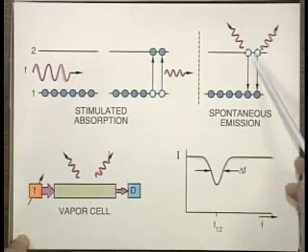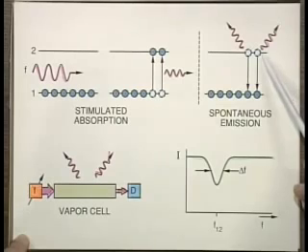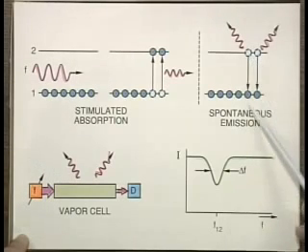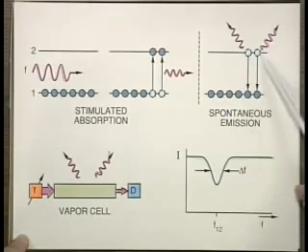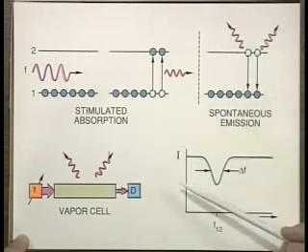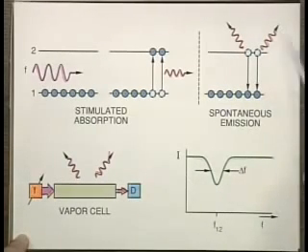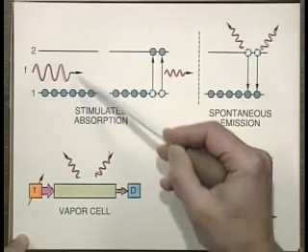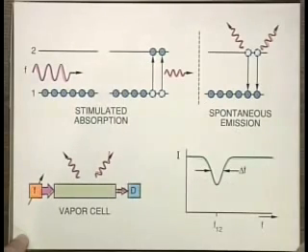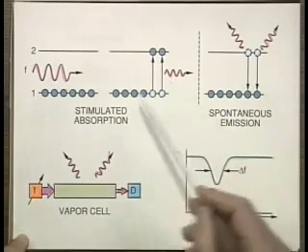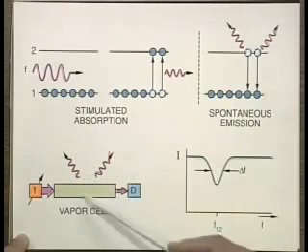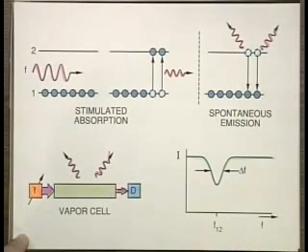Atoms in the excited state, in lots of cases, don't like to stay up there. They like to come down. When they decay, they emit a photon in a random direction, and the wavelength or frequency of this photon is equal to the one that brought it up. Essentially, the light that was absorbed from the original beam is now sent into all these directions.